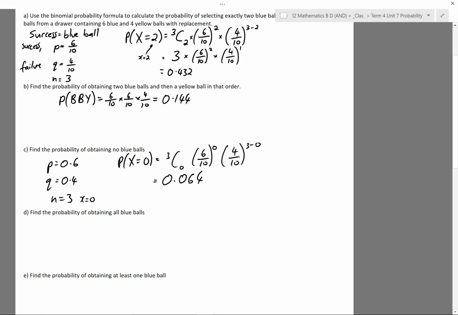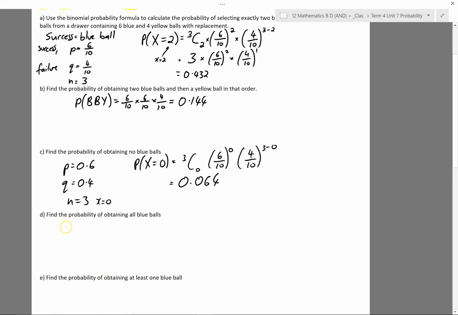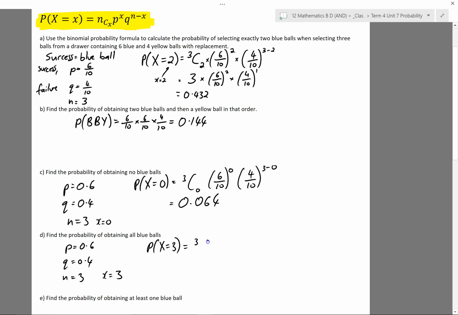What about probability of obtaining all blue balls? So again, same success, same failure, same number of trials, but I want all blue balls. So that'll be 3C3, 0.6 to the power 3, 0.4 to the power 0, or 3 minus 3 if you want to do it properly.